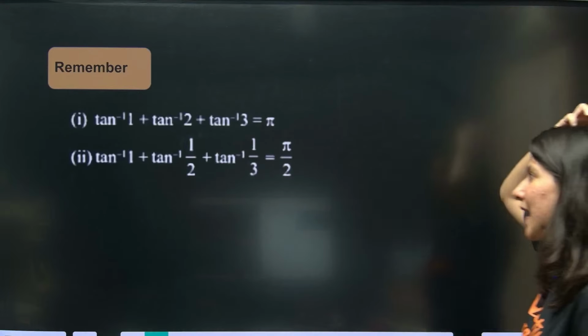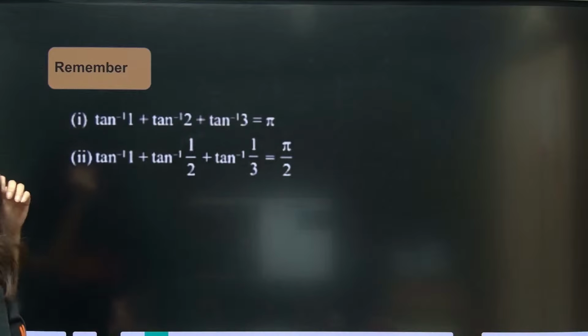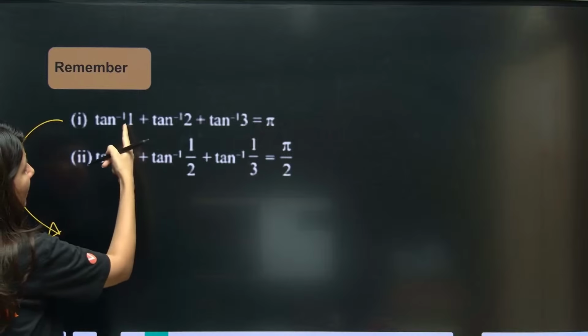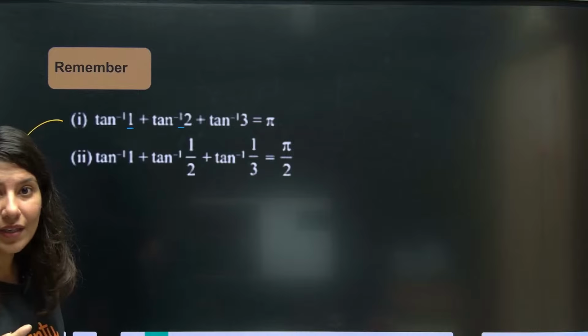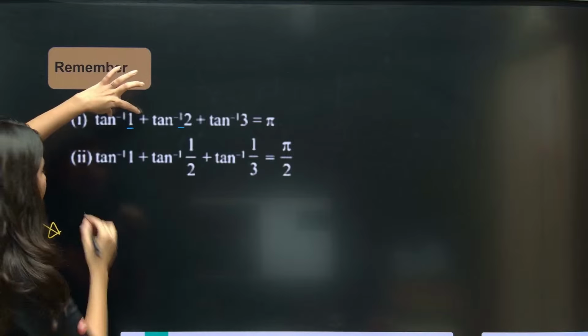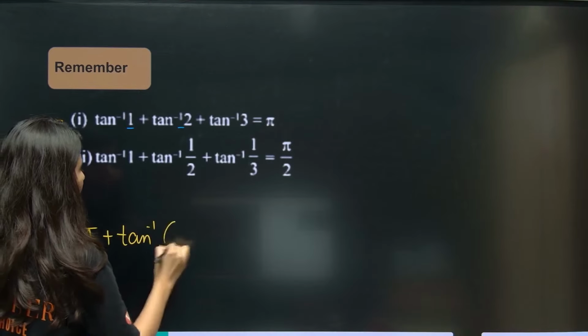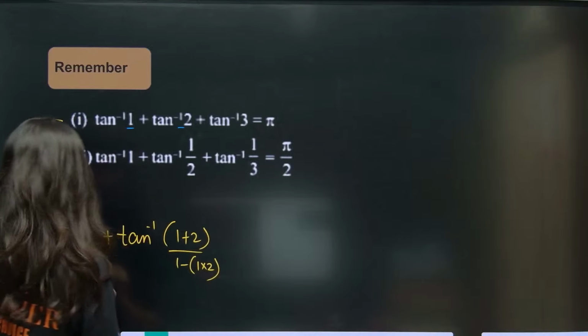See this, suppose tan inverse 1 plus tan inverse 2 plus tan inverse 3. Now tan inverse 1 plus tan inverse 2. If you just do the product, you will get 2, which is greater than 1. Greater than 1 means you have to put pi plus tan inverse of 1 plus 2 upon 1 minus 1 into 2. This is the formula.